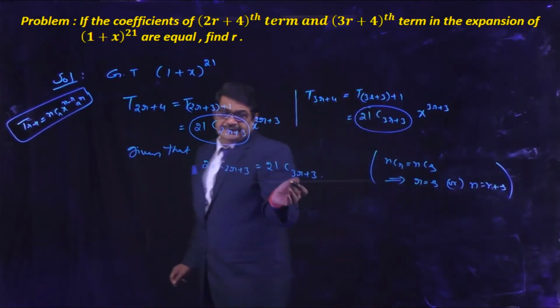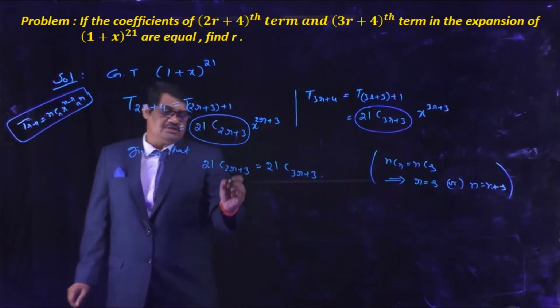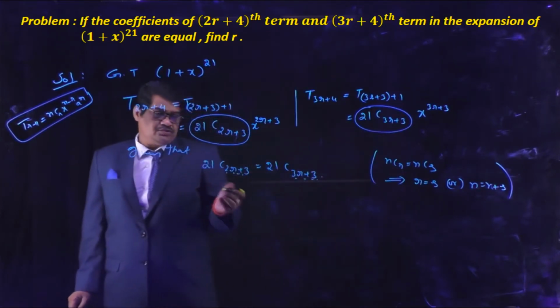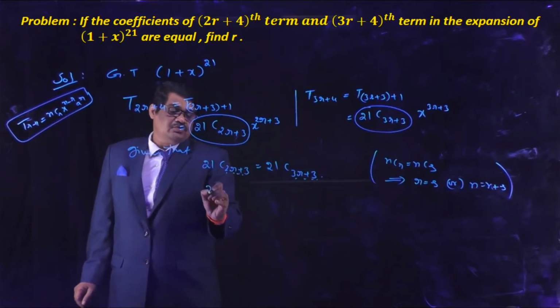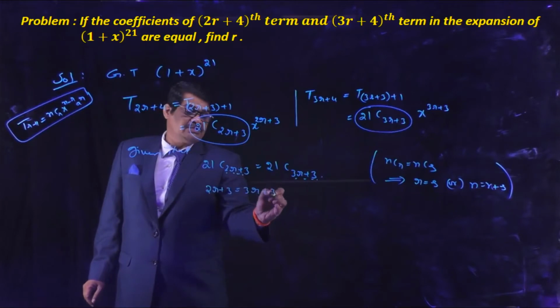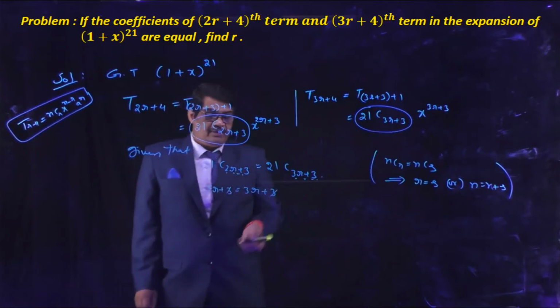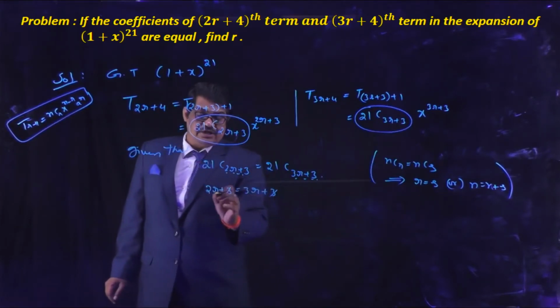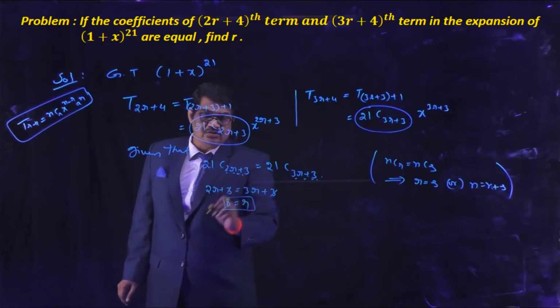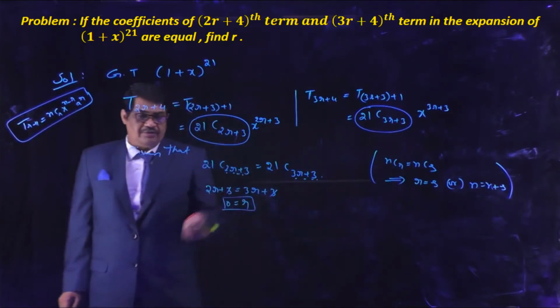Now we are writing r is equal to s. Now we are equating these, that is, 2r+3 is equal to 3r+3. This 3 will be cancelled. Here 3r is equal to 2r. From that, moving this to this side, 3r minus 2r is r. Therefore r is equal to 0. So one of the r values is 0.